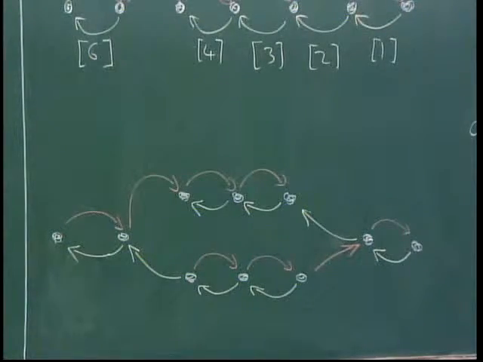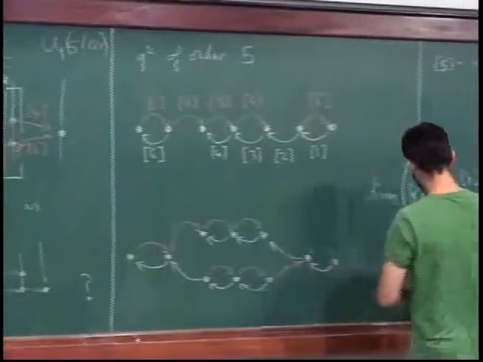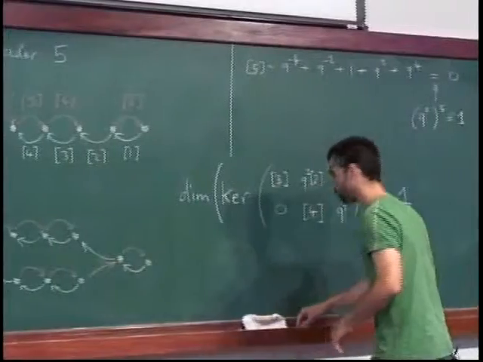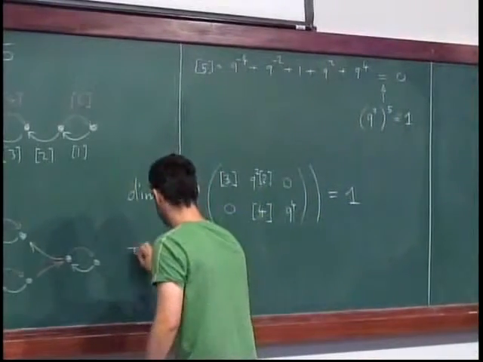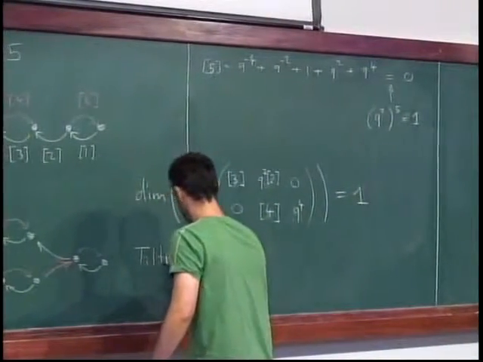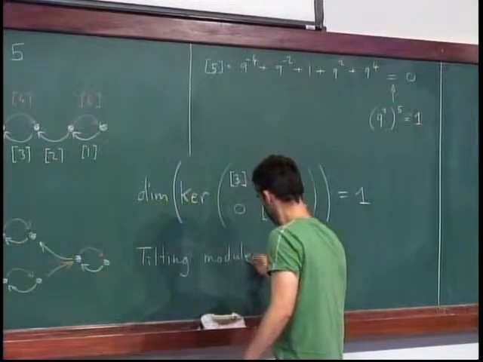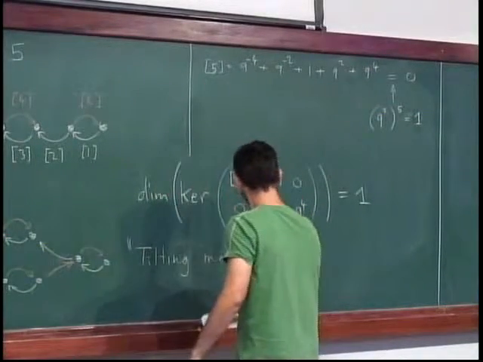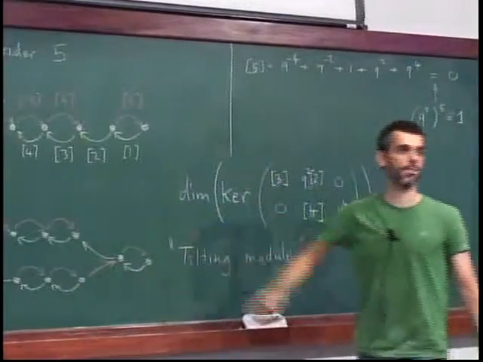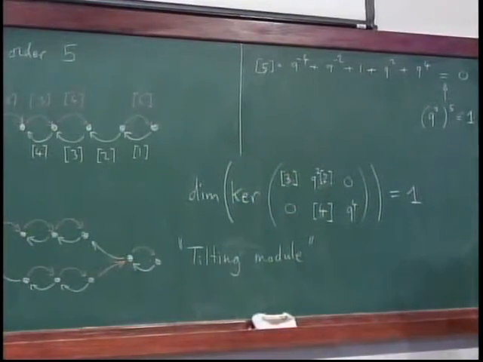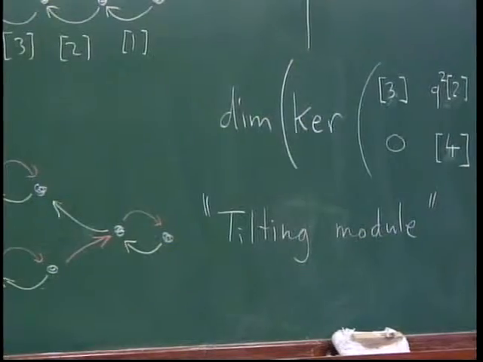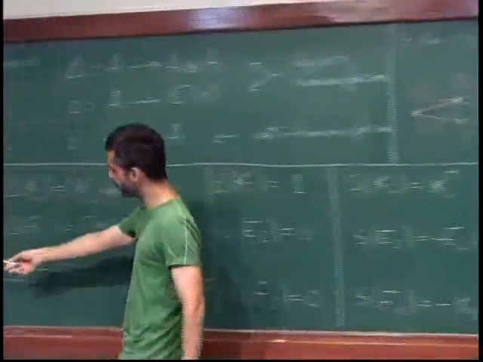So let me tell you what these kind of V's are called. These are called tilting modules. And that's an instance of a tilting module. There is a general definition of what a tilting module is that works for an arbitrary quantum group.